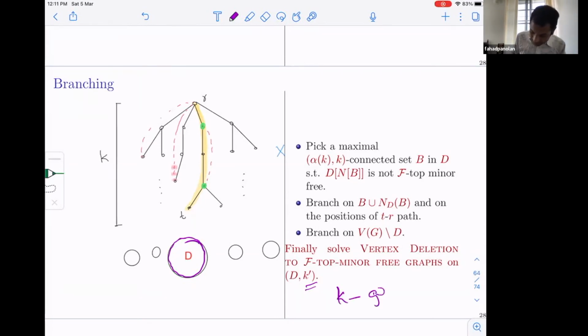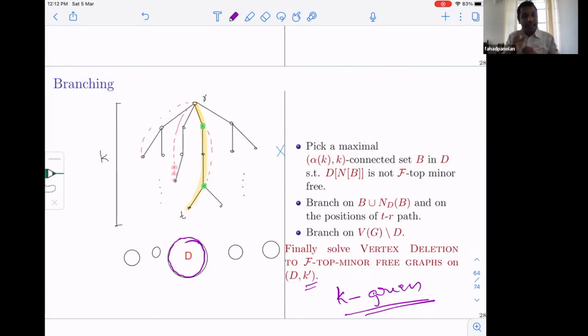Once you find that, you place those vertices in some order here. That's it. That is going to give you an elimination forest for the graph.